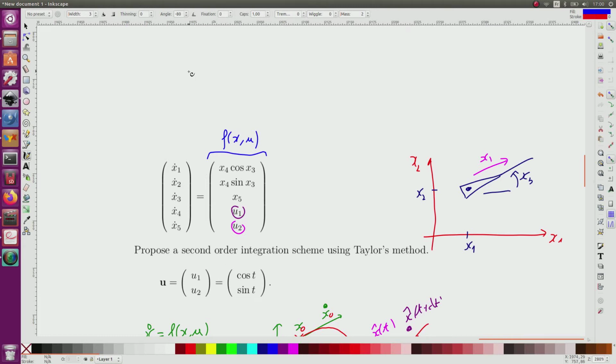So for this, I have to compute the second derivative, x dot dot 1, x dot dot 2, and so on.